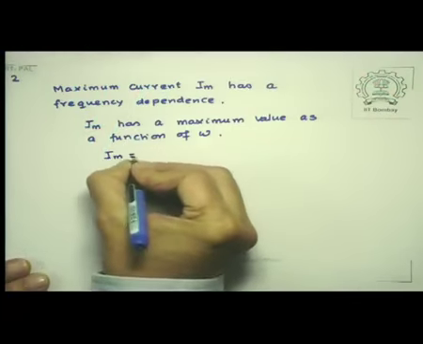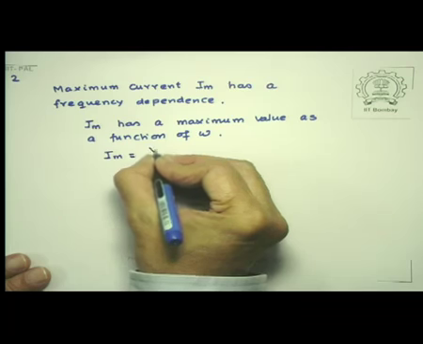Now what I am asking is this: for the same circuit, if I am allowed to vary the frequency impressed, that is the frequency with which the voltage is changing, then this maximum will vary also, and I will have a maximum value of this maximum.